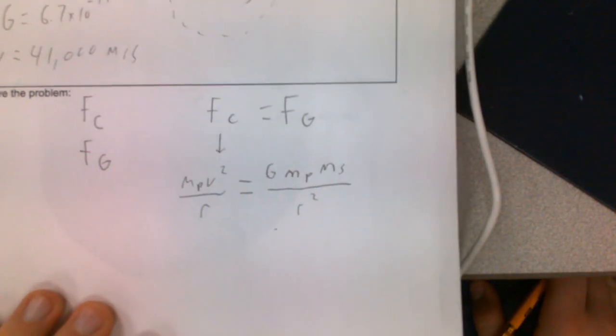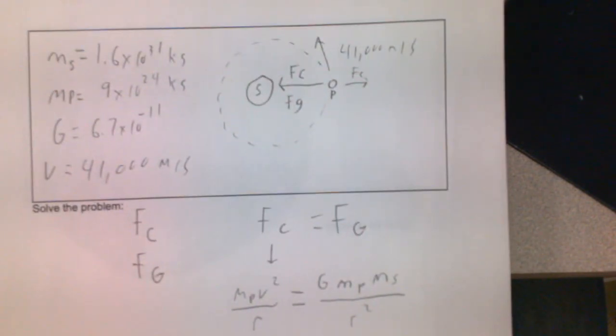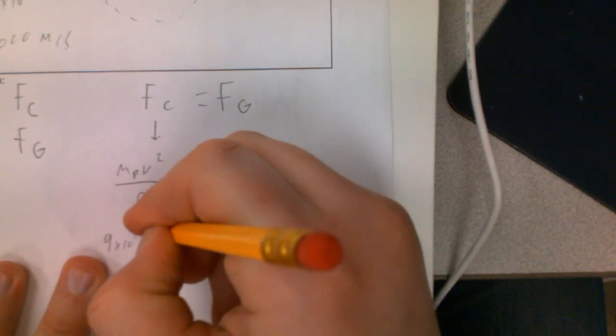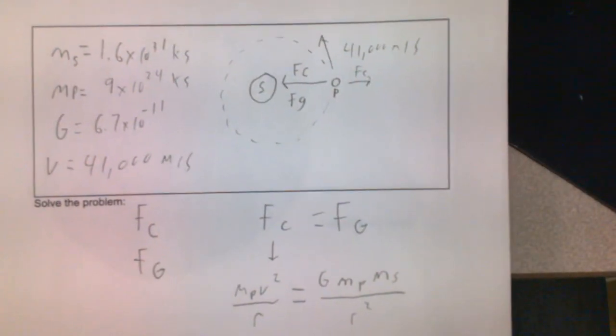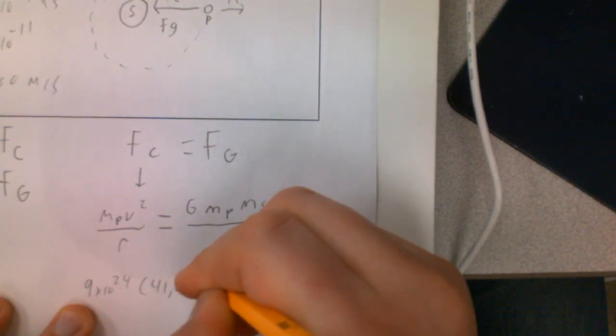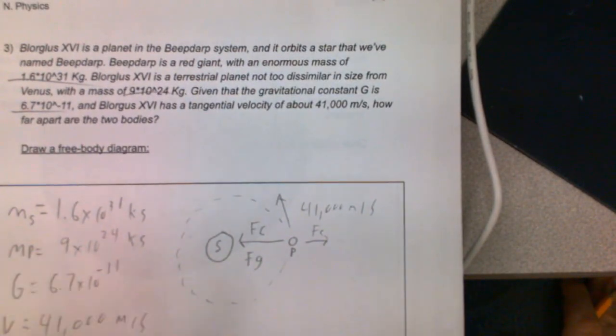So let's go ahead and say, all right, this one, MP, mass of the planet, we have that up here. That is 9 times 10 to the 24th. V squared, V is 41,000, over R. R is the distance between them, which is what we're trying to find, right? How far apart are the two bodies?